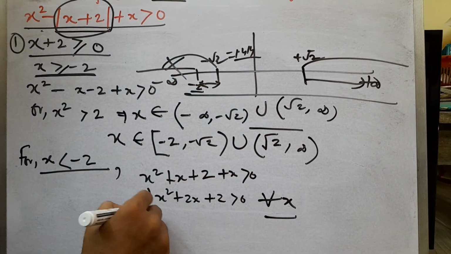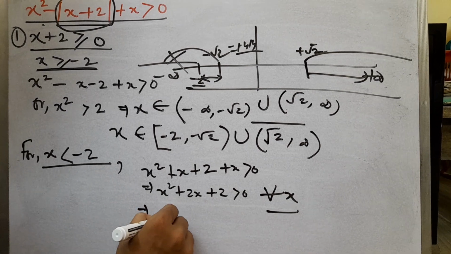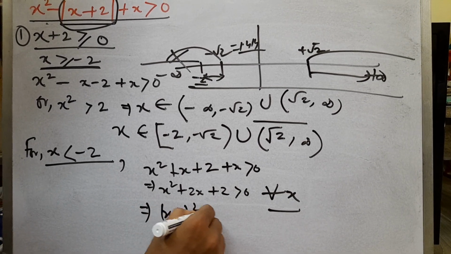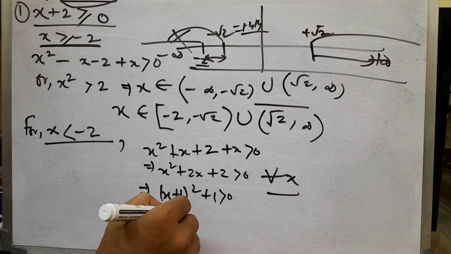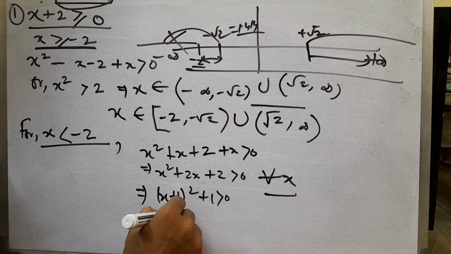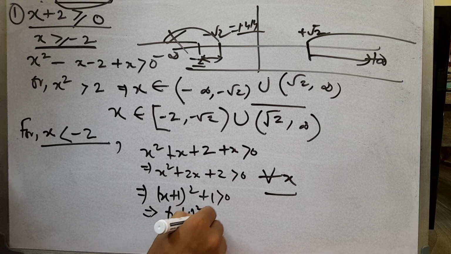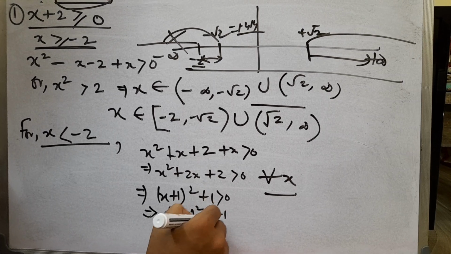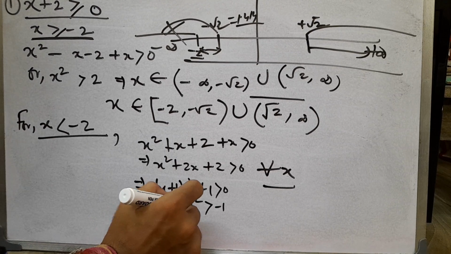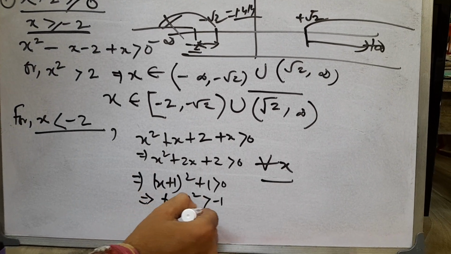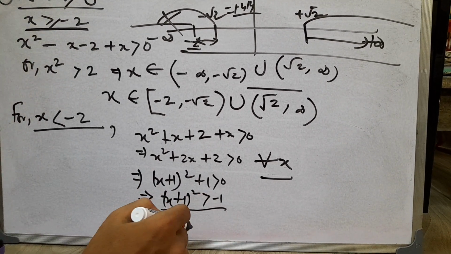Okay, then (x plus 1) square plus 1 greater than 0. And the most important thing is that (x plus 1) square greater than minus 1.